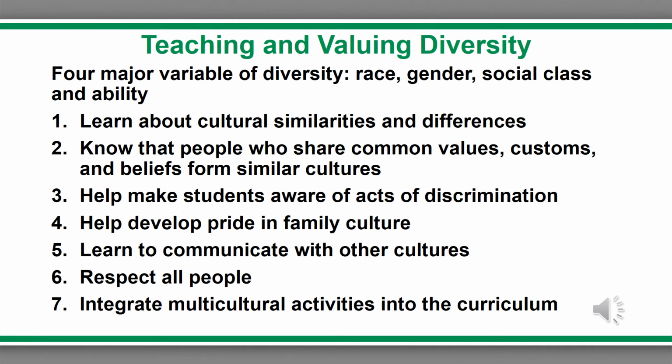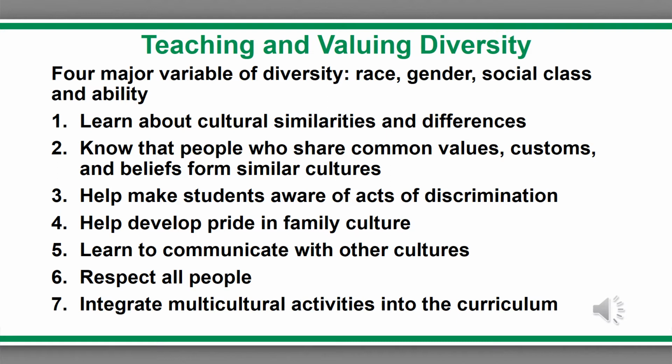When teaching a diverse group, we already talked about the four major variables of diversity, but these are seven suggestions, or several issues, that you can take into consideration. Number 1, help students learn about the similarities and differences among cultures.